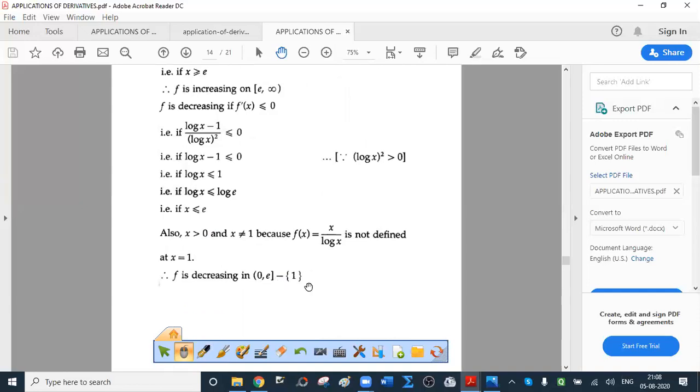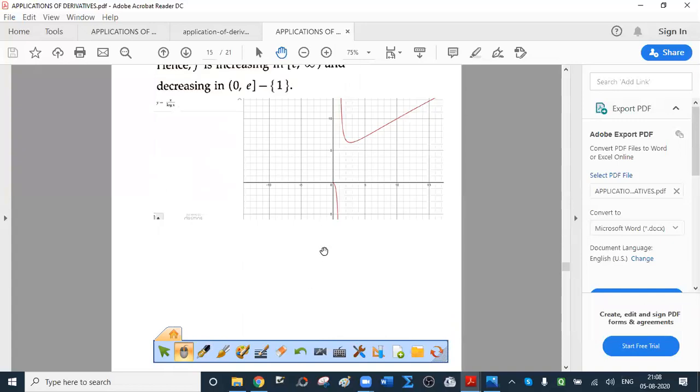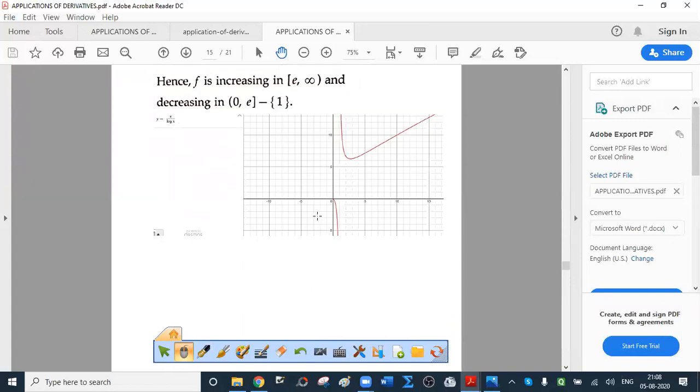Now this is the graph. Yes, this is the graph. So 0 to e, what is the value of e? It is 2.7182818.